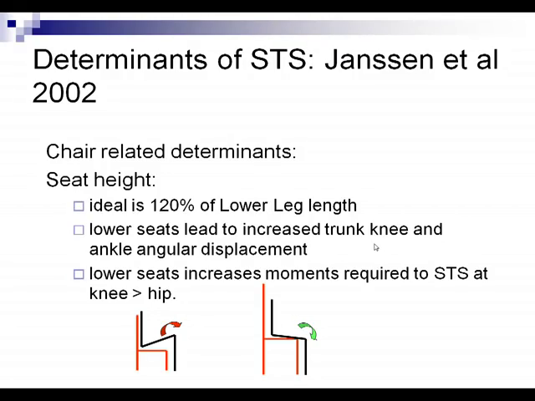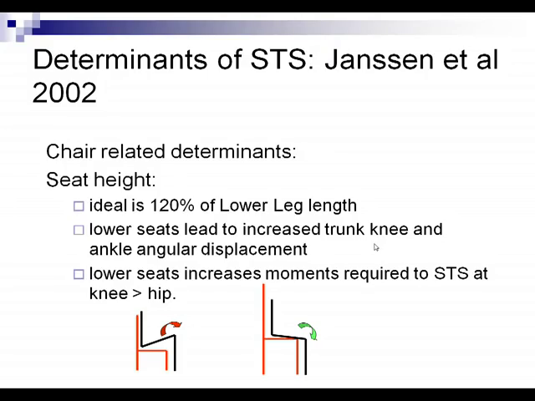Now, the minimum recommended height or the ideal height of a chair, certainly for elderly people, is 120% of their lower leg length. And if a seat is lower than this, it certainly makes standing up much, much more difficult. Tends to increase the displacement that is needed at the trunk and the knee and the ankle, not so much the hip.